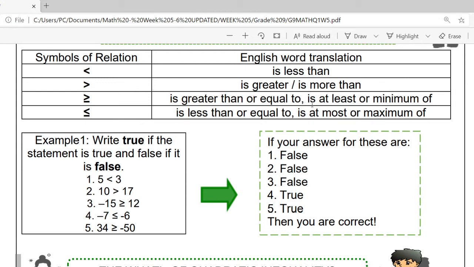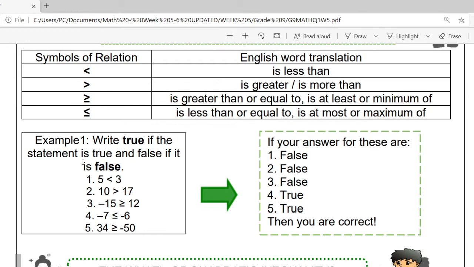So you can say is at least, you can say minimum of, or you can say also is greater than or equal to. Then this symbol means is less than or equal to, is at most, or maximum of. So these are the English word translations for these symbols of relation.